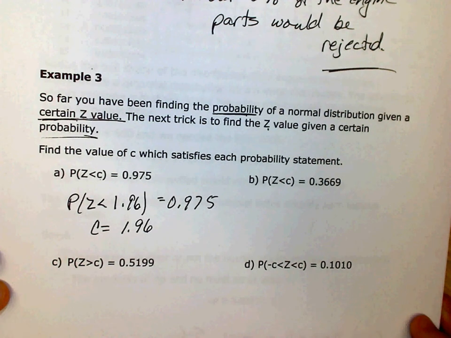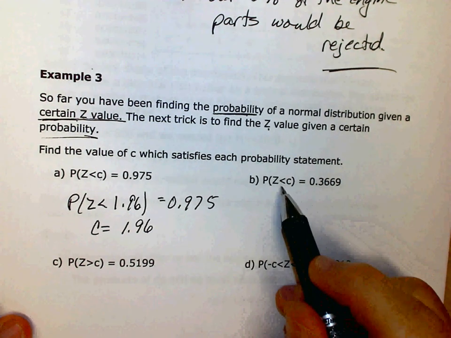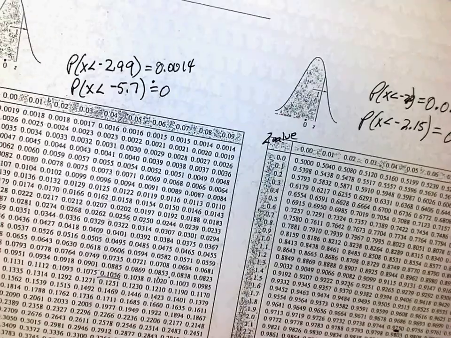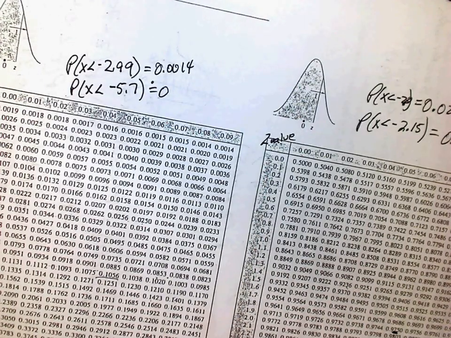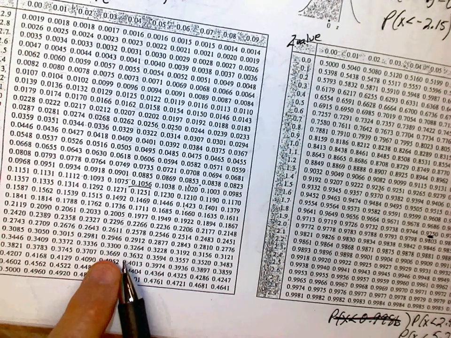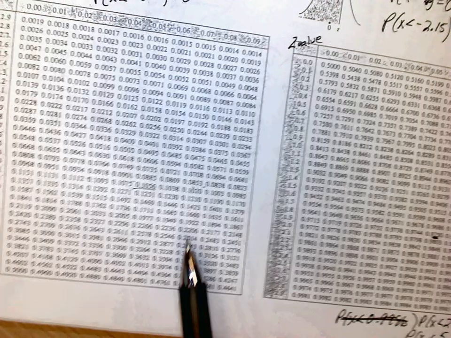Let's try this one. What is the c value for 0.3669? Uh-oh, it's on the other side. There it is there. 0.3669.